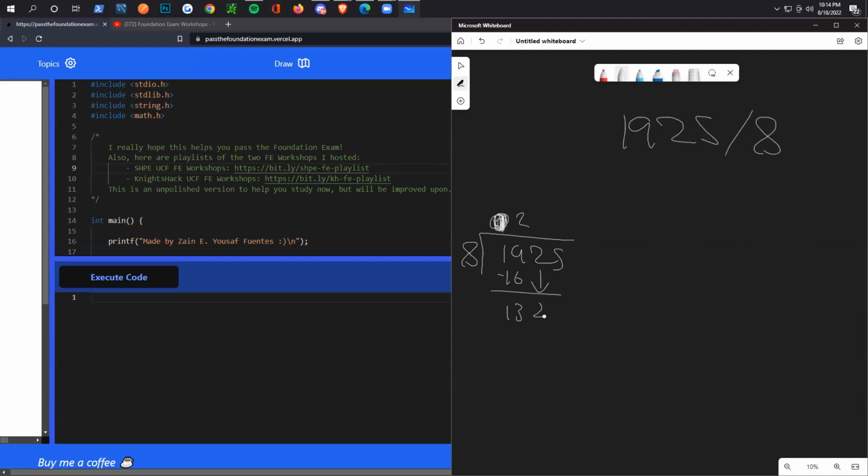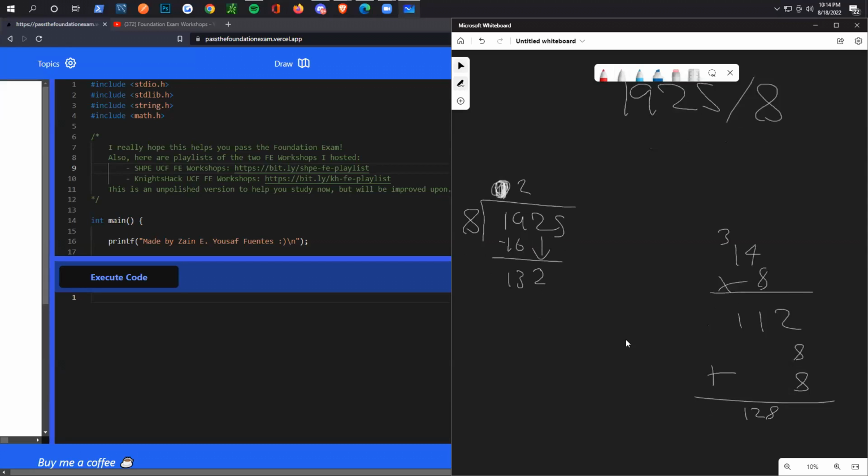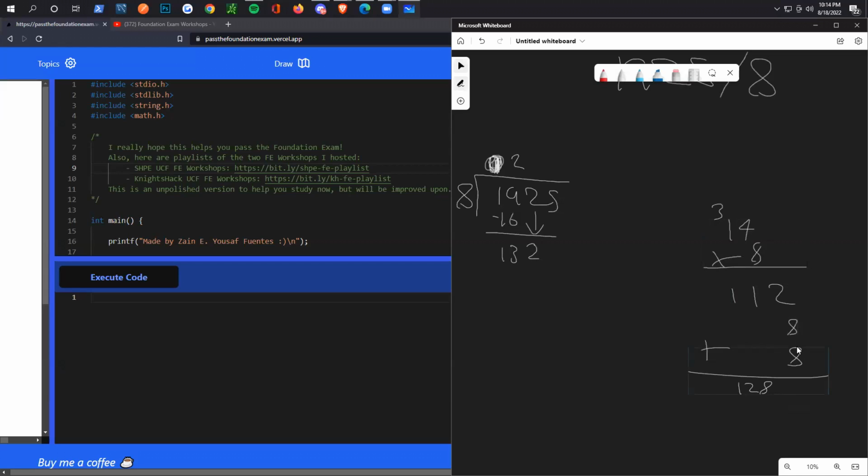13, bring this down. 8 goes into 132 how many times? So let's see, 14 times 8. Yeah, so we still have some room to go. We can add another 8 and another 8, so that'll give us 128.